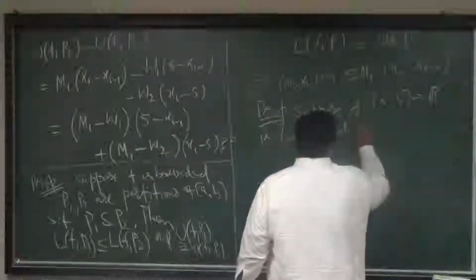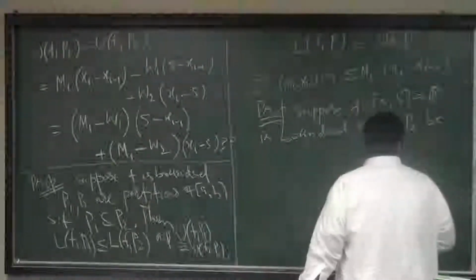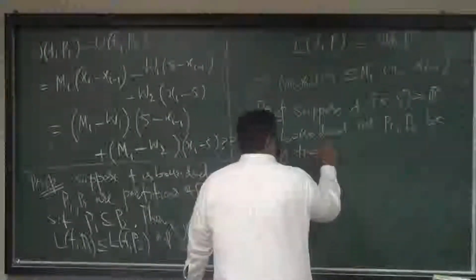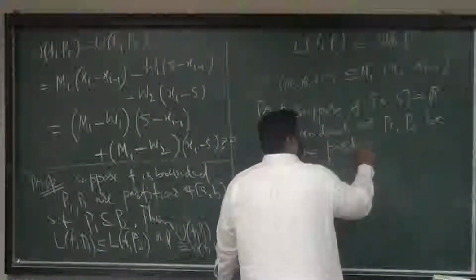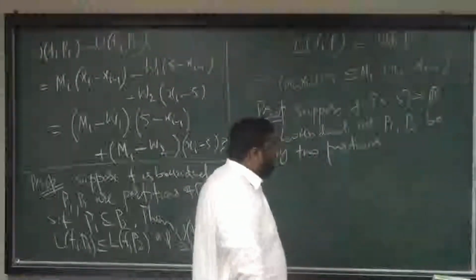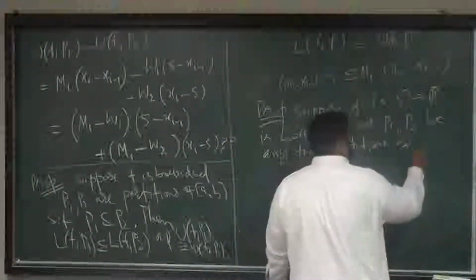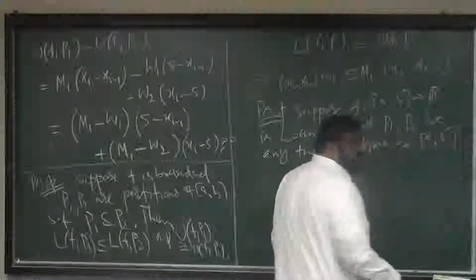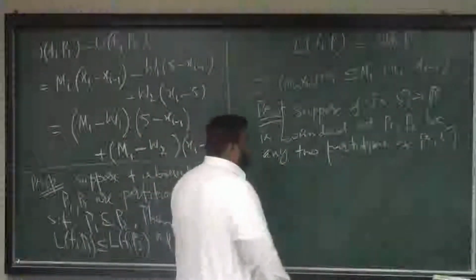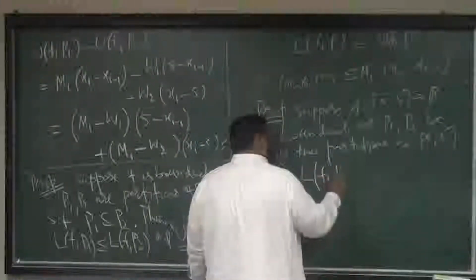Any two partitions of A comma B. They may not have a relationship between them. One is not necessarily a refinement of the other. Okay. Then this is true in general actually.